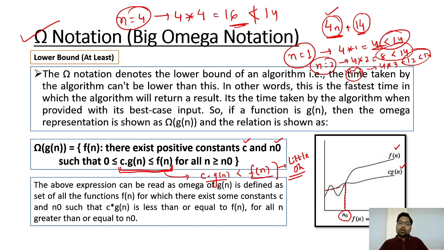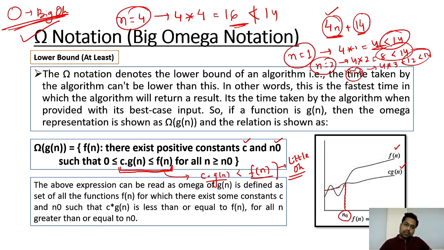From 4 onwards, your value towards infinity will follow your function. So in big O notation, remember that the value of c of g of n will always be higher than your function.